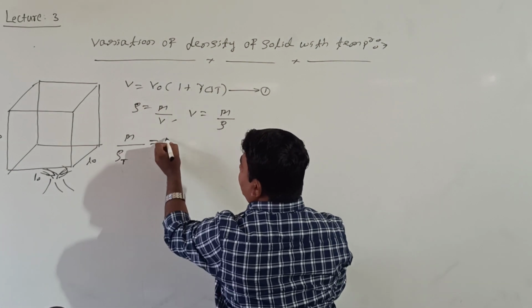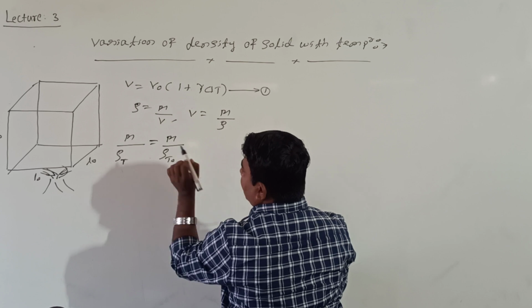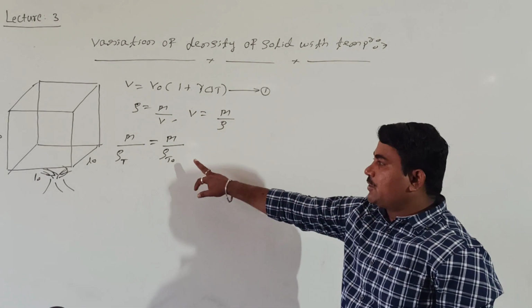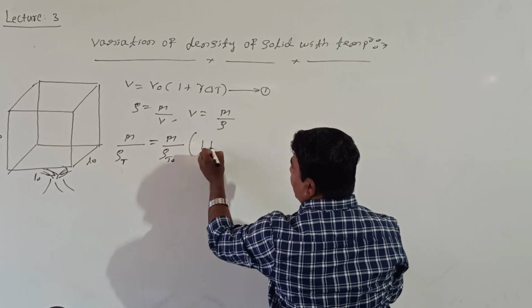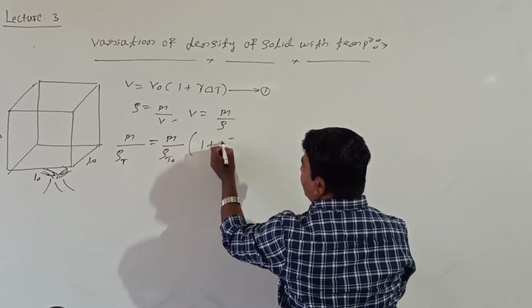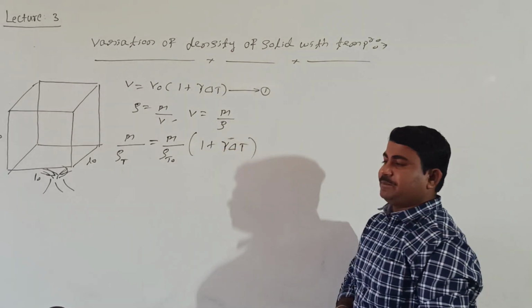For this, always mass remains same, and this is T0, the initial temperature, into bracket 1 plus gamma into delta T.